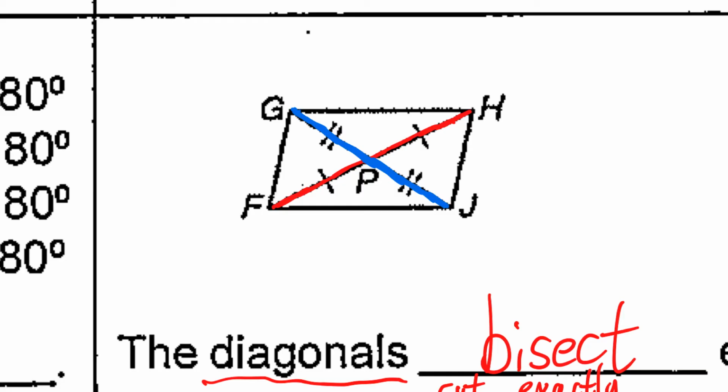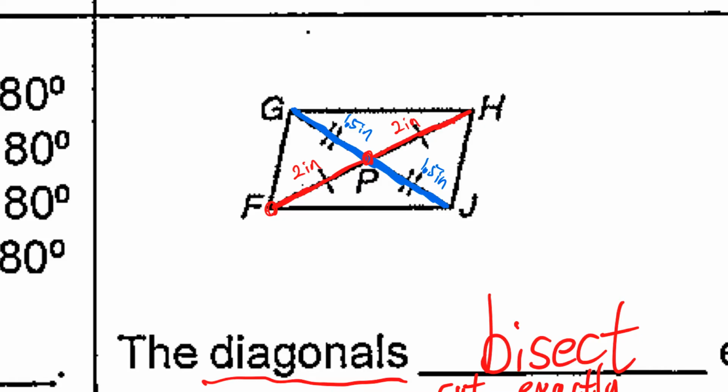Like if from here to here is 2 inches, then it's going to be 2 inches over here, because GJ, the blue one, is cutting the red one exactly in half. And same thing is going to be true the other way. Vice versa, GJ is cut in half by FH. Where if this is 1.5 inches, this is going to be 1.5 inches.